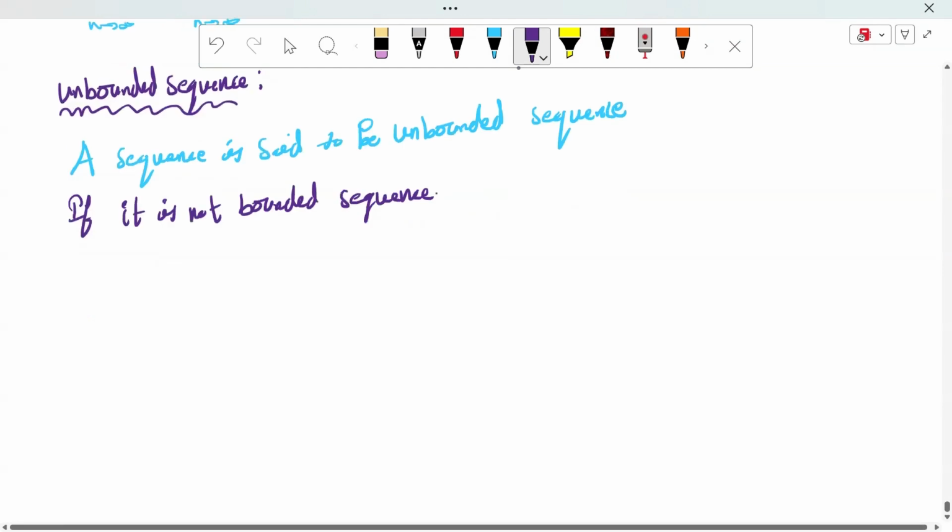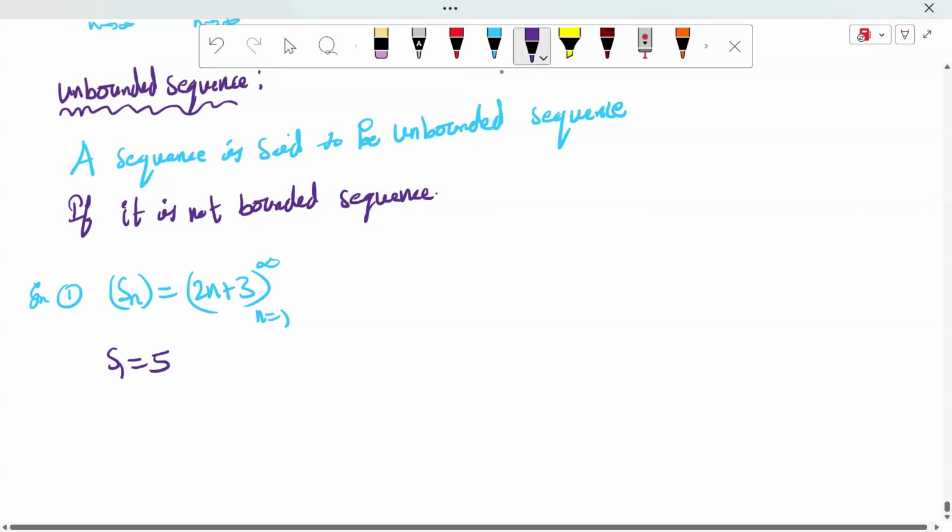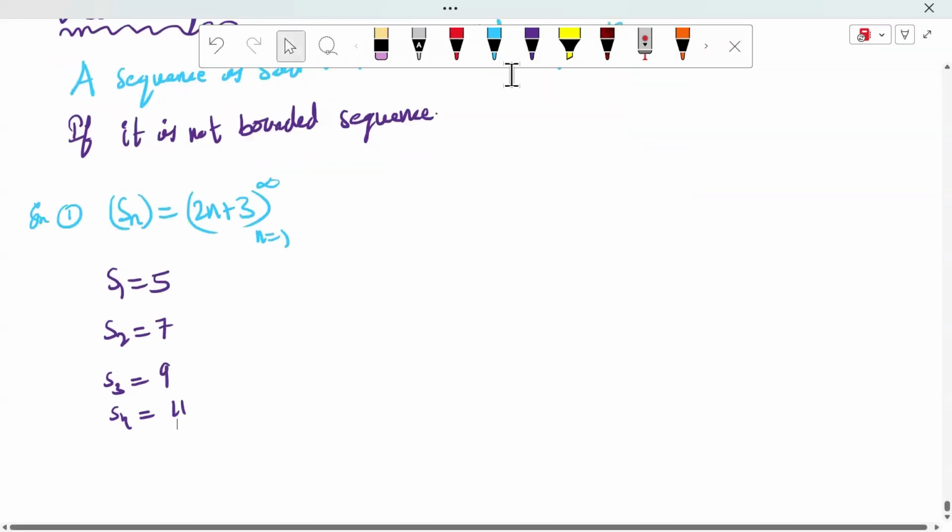For example, we can take some examples of unbounded sequences. Example number 1: Sn is equal to 2n plus 3, n is equal to 1 to infinity. Put n is equal to 1, S1 is equal to 5; n is equal to 2, it is 7; n is equal to 3, S3 is 9; n is equal to 4, S4 is 11, and so on.